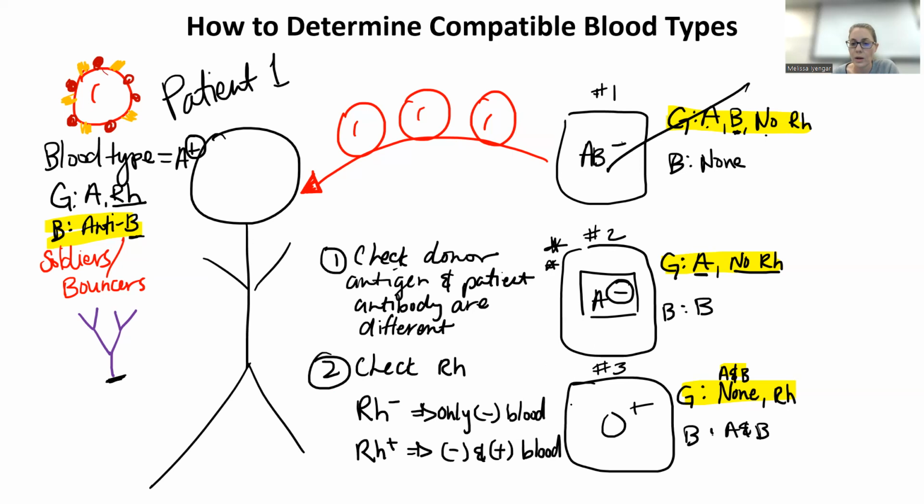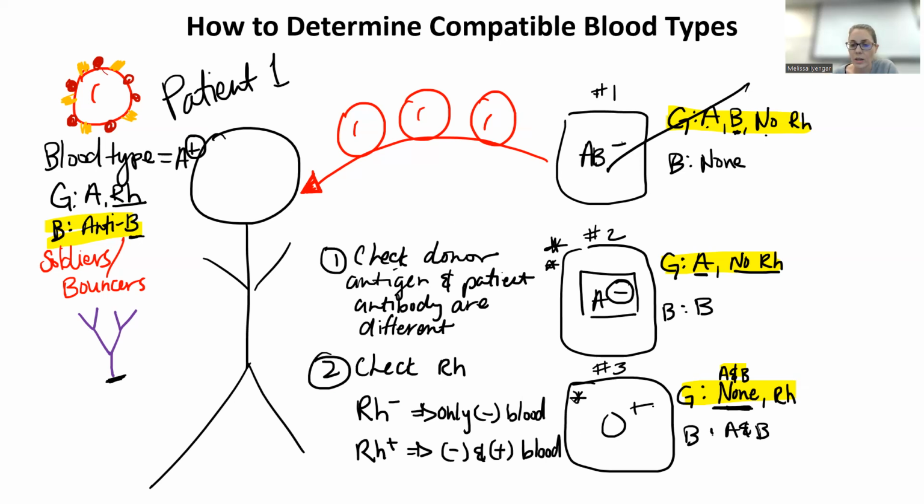And I can do number 3 here where I see, oh, I have no antigens here. Perfect. It doesn't matter. I have no antigens, so I'm going to be completely invisible, right? Totally invisible to the bouncers and the soldiers. They recognize me as being okay, and they're just going to let me pass. So this one might be okay.